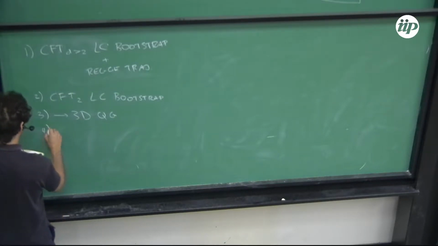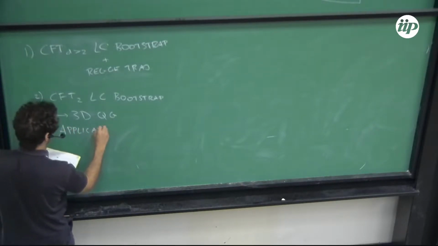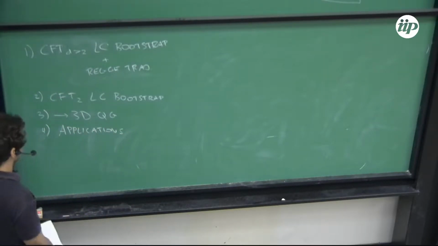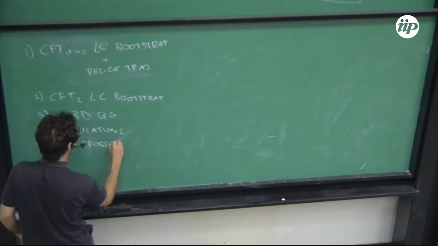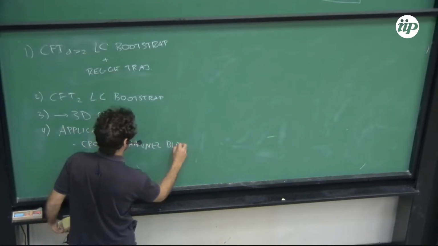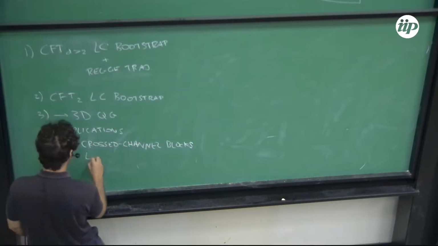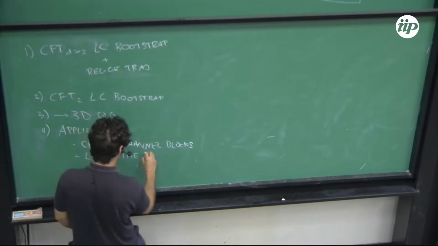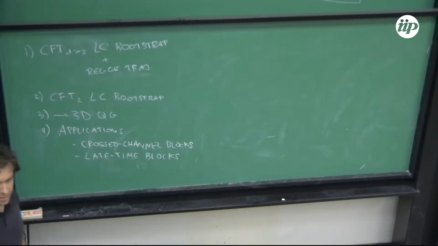And finally, some applications of this result, which I'll phrase mostly in CFT language, which will include a few things: a formula for the cross-channel limit of Virasoro blocks, and a derivation of the late time behavior of the Virasoro blocks. And I think a couple other things if time permits.